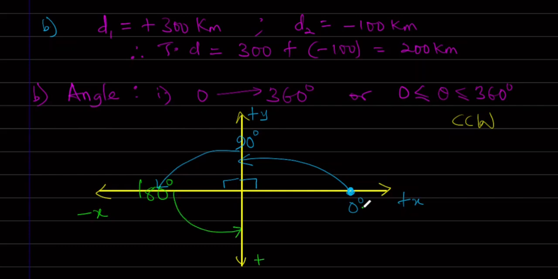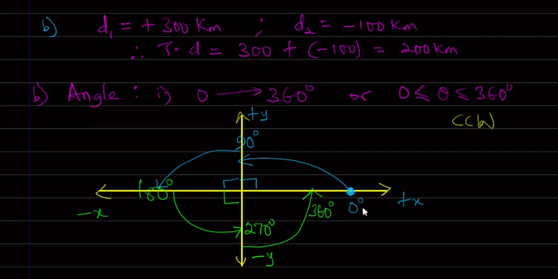Then we have negative y-axis, which is also represented by south. So here we are going to have 270 degree because we are going to cover another 90 degree. So on the negative y-axis, we have 270 degree. So from the negative y-axis back to the positive x-axis, we cover another 90 degree, making 360 degree.